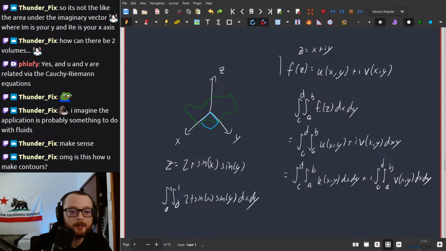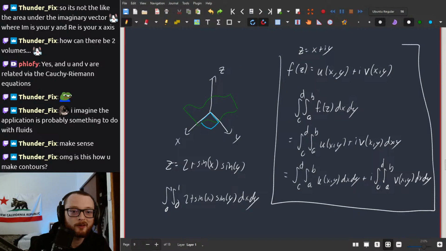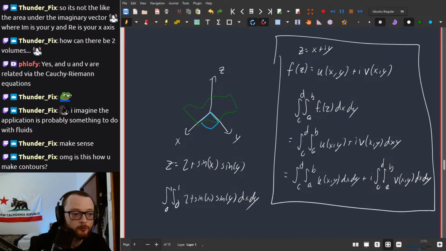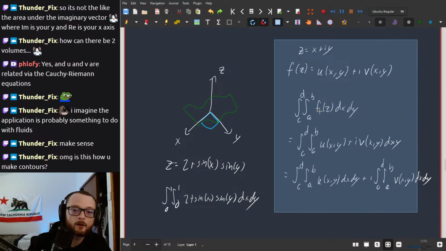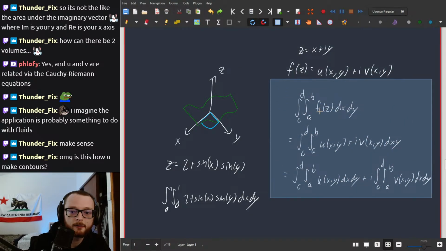What we've done in this box isn't particularly related to contours. You could do a similar thing once we have defined the contour integral. But double integrals and contour integrals are just kind of different. So actually, maybe I'll leave that top part there.